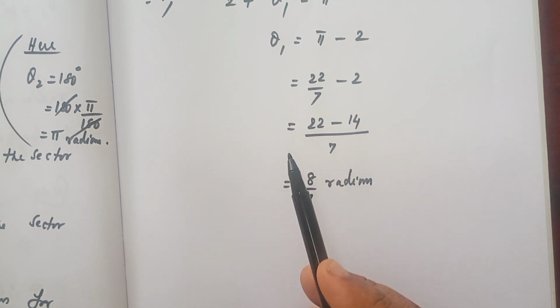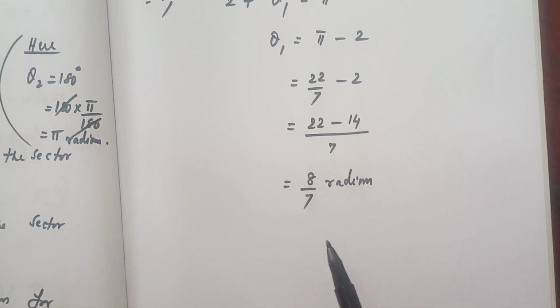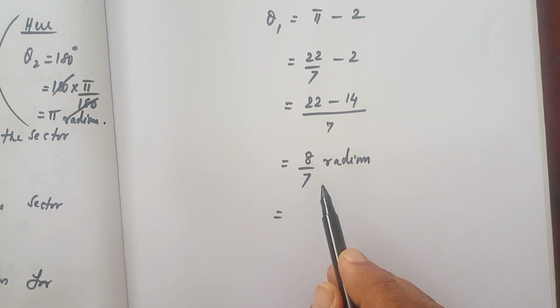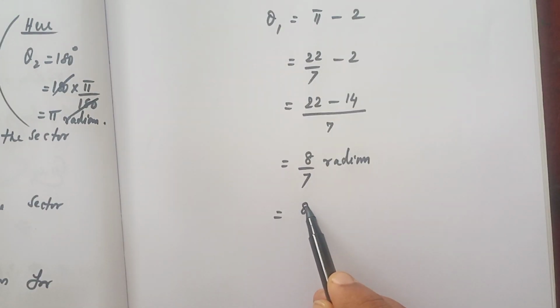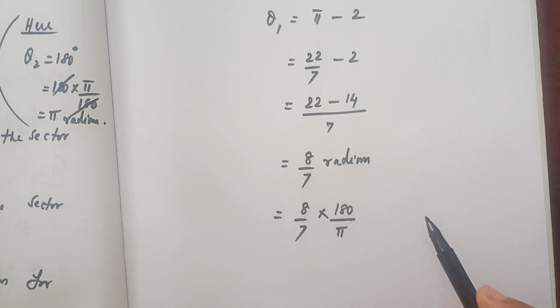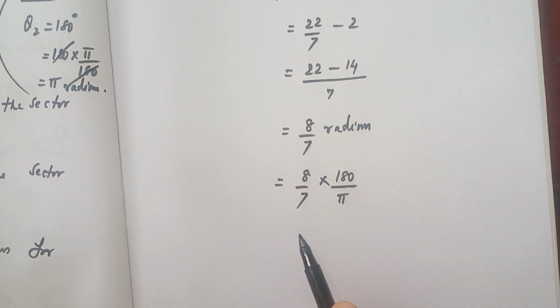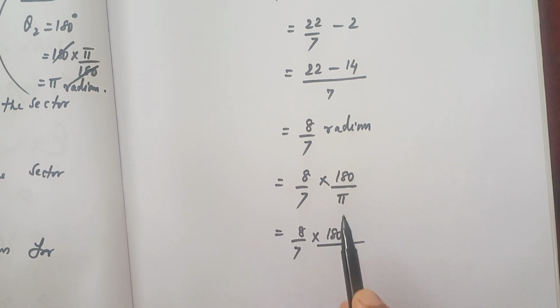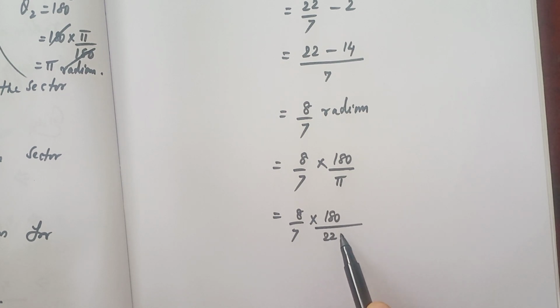Theta represents radians here, but you are asked to write the angle in degrees, minutes and seconds. So for converting this radian into degrees, multiply 8 by 7 by 180 divided by pi, where pi is replaced by 22 by 7.